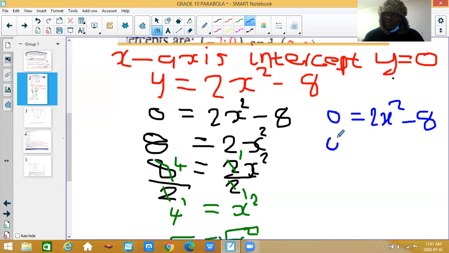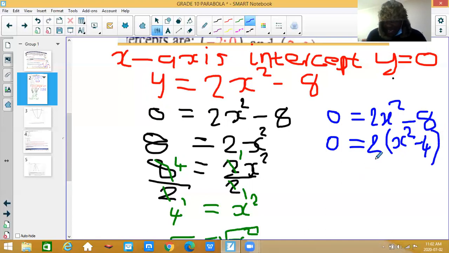Someone may want to factorize this. What is the highest common factor of these first two terms? Highest common factor is 2. You say 2 into 2x squared, it will give us an x squared. 2 into minus 8, it is minus 4.